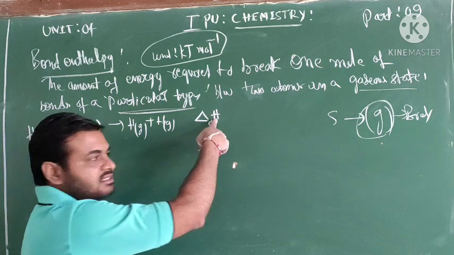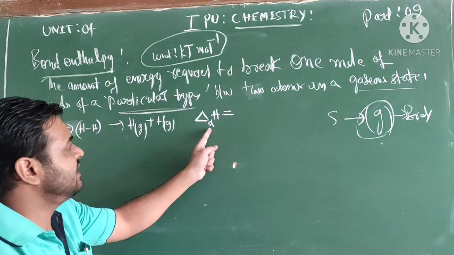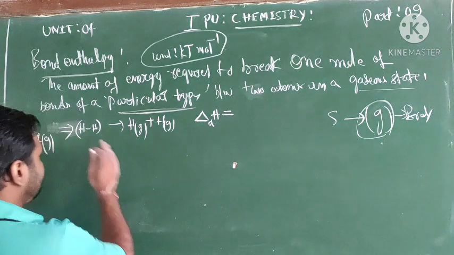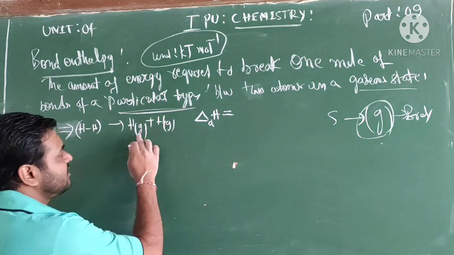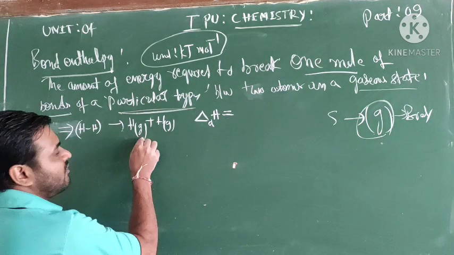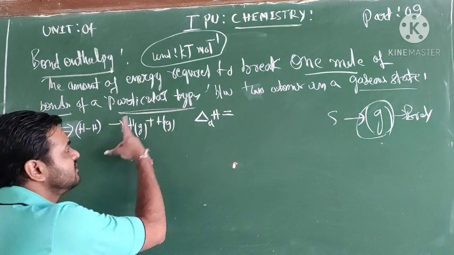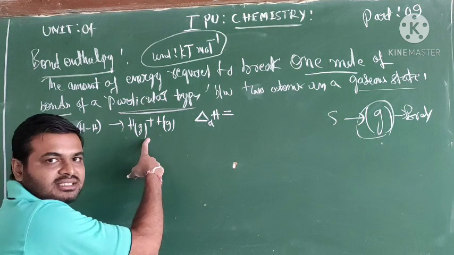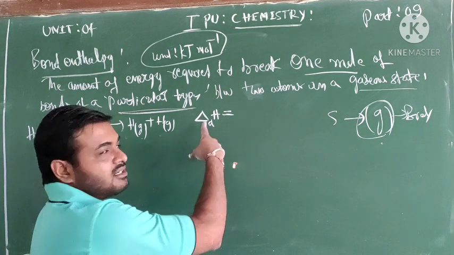Delta H is the enthalpy. We represent it as delta aH because the molecule is converted to atoms: 1 mole of gaseous atoms and another 1 mole of atoms, in total 2 moles of atoms.